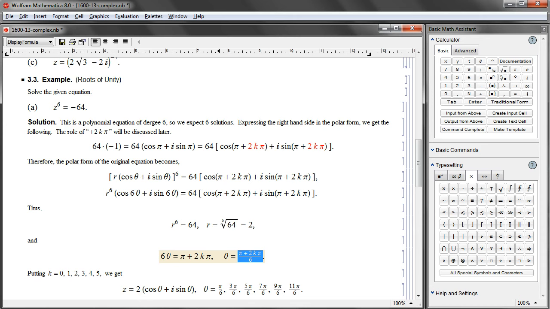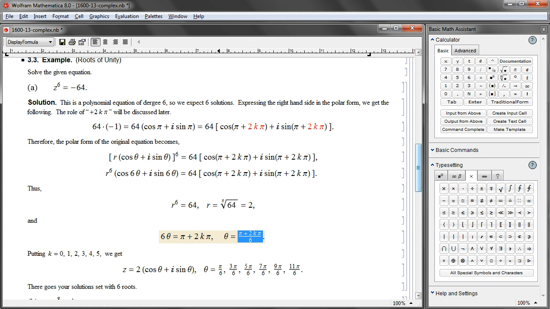And this k value can be various: 0, 1, 2, 3, 4, and 5. You're going to get 6 solutions from those k values. If you plug in k equals 6, you're going to get the same result as the k equals 0 case, because that's the same as adding 2 pi. What is a typical trick?